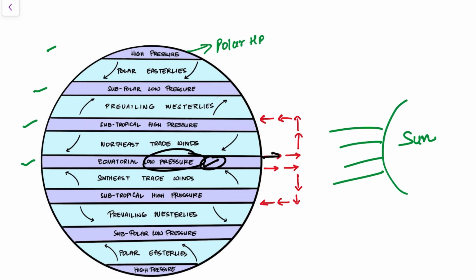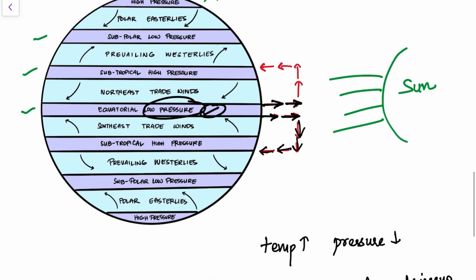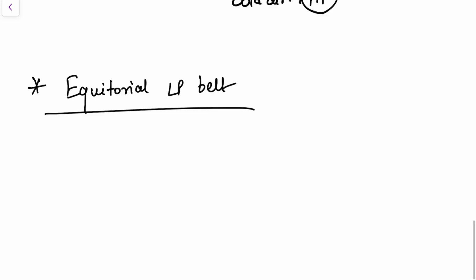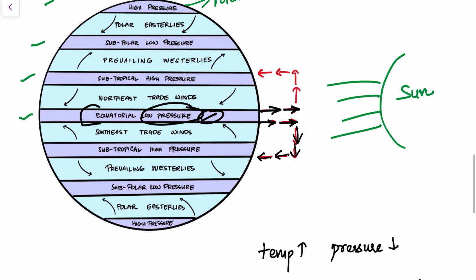Warm air rises like this, and after that it gets cold and sinks. Now if I talk about the equatorial low pressure belt, just to brief it, see what happens here. I have told you how this air rises up.